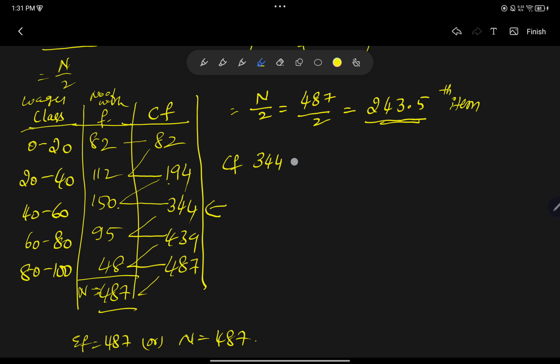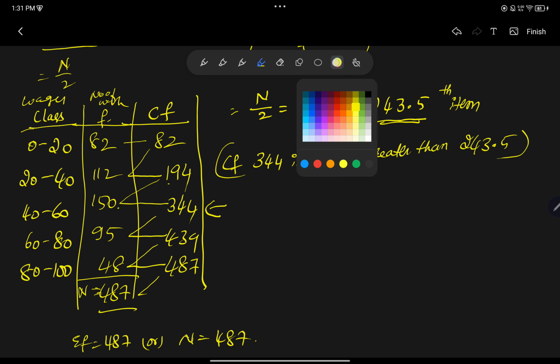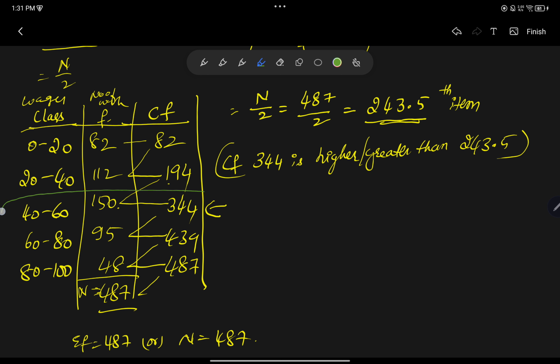CF 344 is greater than 243.5, correct? Yes. So we are taking these values. We need to take a pencil and circle that. From here we will get the answer, and also the previous value of CF is needed.